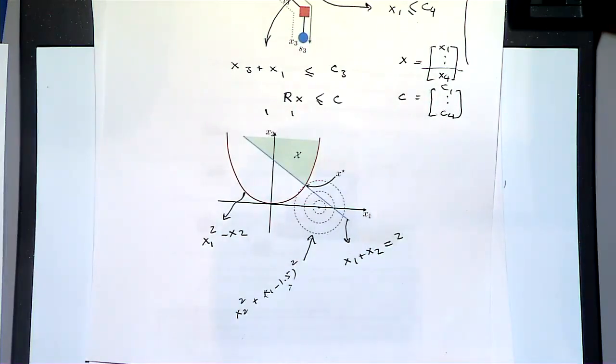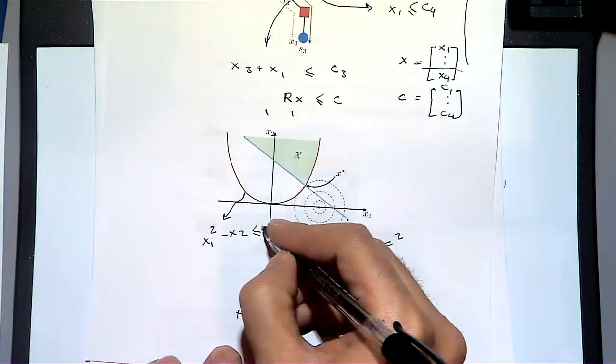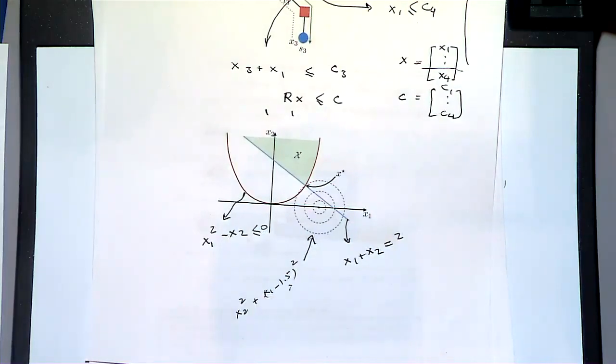The constraint set said x1 squared minus x2 should be less than 0. If I have a quadratic curve like that and a constraint like that, are we characterizing the set below the curve or here?